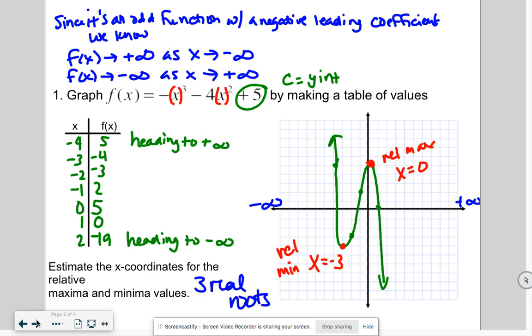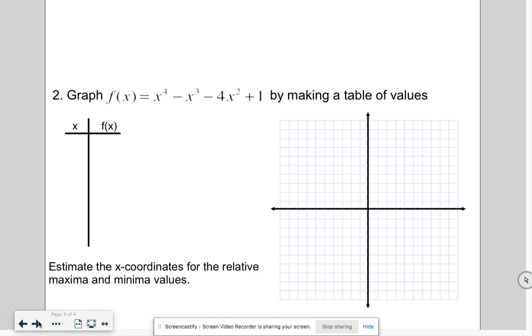Okay, so let's do another one. All right, so since this is an even degree and the ends are going in the same direction, because the leading coefficient is positive, we know that f of x is going to approach positive infinity as x approaches negative infinity.